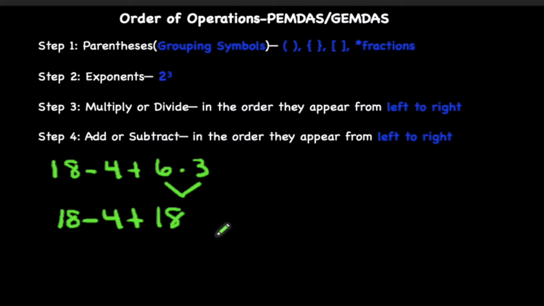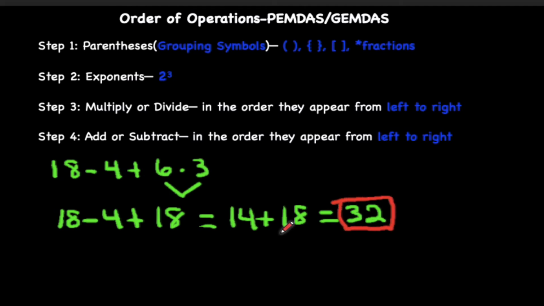And 18 minus 4 is simply 14, plus 18 is equal to 32. The reason I did 18 minus 4 first is that it is a subtraction problem which came before our addition problem, because remember we perform addition or subtraction in the order that they appear from left to right.